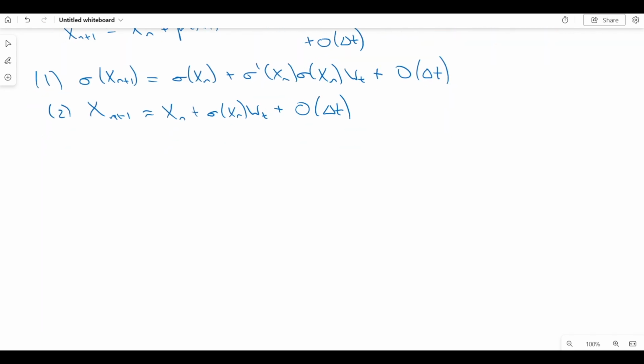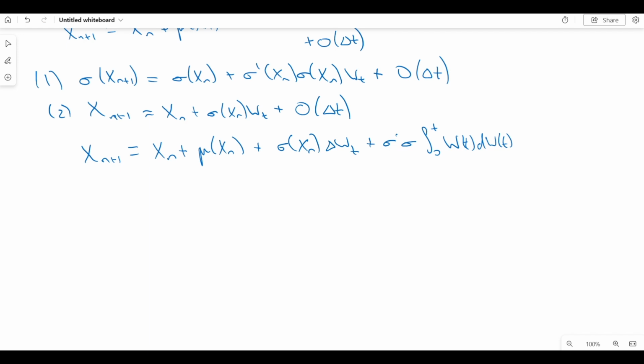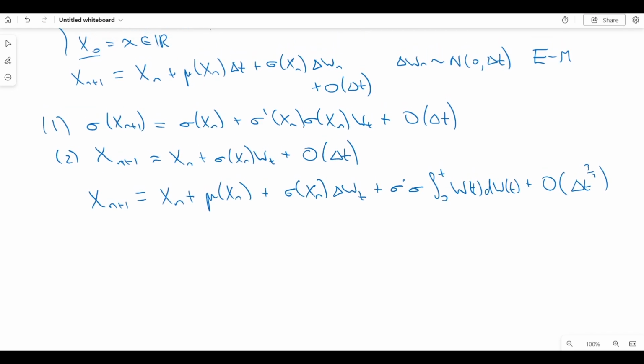Now, substituting 1 into 2 gives us this nice expression: xn plus 1 equals xn plus mu xn delta t plus sigma of xn delta wt plus sigma prime sigma times the integral from 0 to t of wt dw of t, plus an order of delta t to the 3/2, which is now a much nicer order. In fact, we substituted both of these into the Euler-Maruyama scheme, EM.